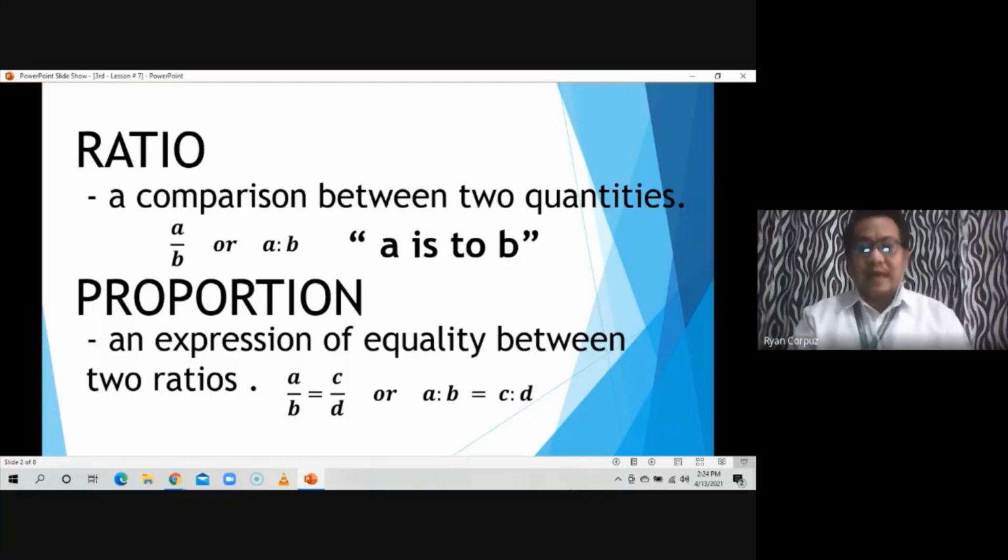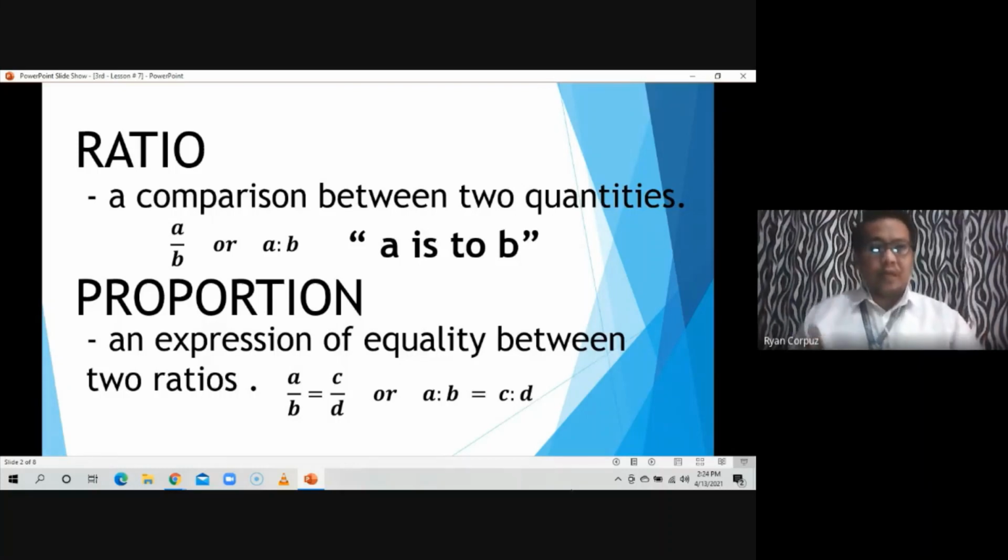But not only that, it's not that when we do have an expression na two ratios, equation involving two ratios, matatawag na agad natin proportion. At sinabi natin proportion, ito yung dalawang ratios which are equal. Two ratios which are equal.